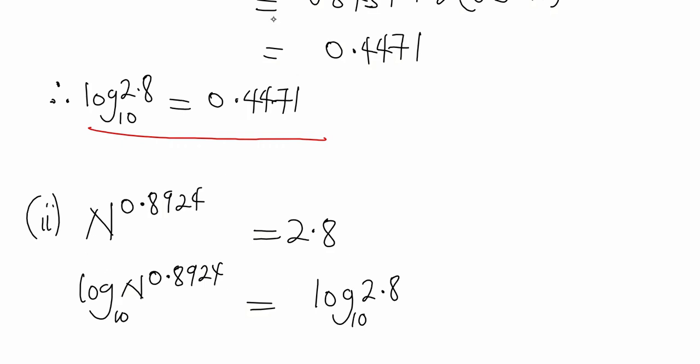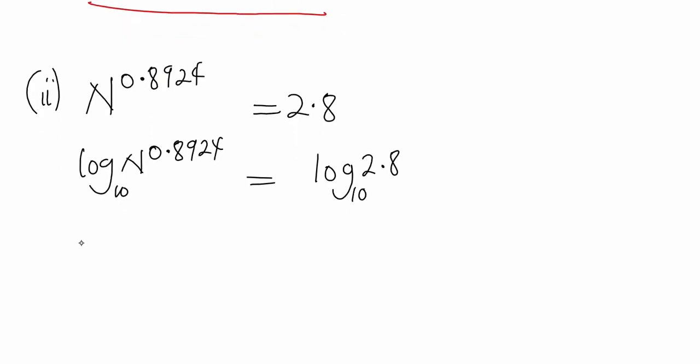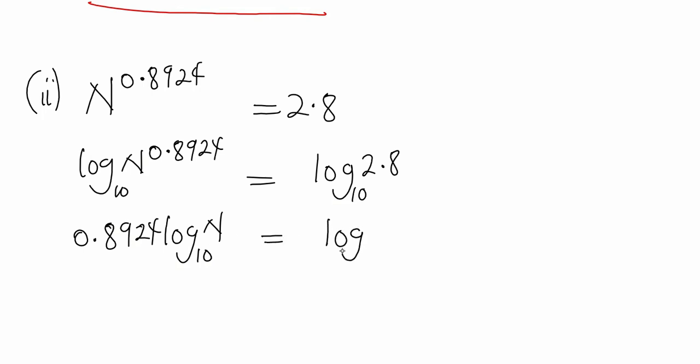So you're just going to do substitution with that. Now, before we continue the substitution, we can see that at the left hand side of the equation, we can write the exponent as a coefficient to the logarithm here. Now, it's going to imply we have 0.8924, now the coefficient, to the logarithm of n base 10. So we have log 2.8 base 10.